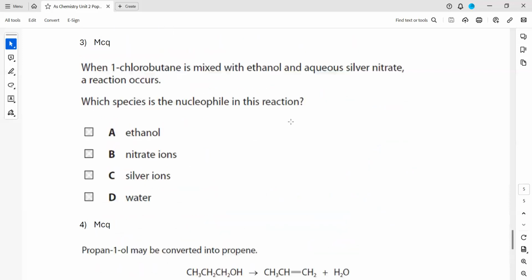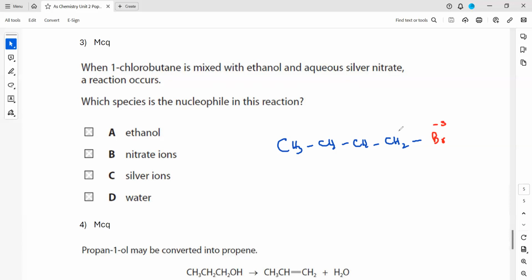Why can it not be nitrate? Because nitrate does not take part in the reaction; it is a spectator ion here. When we have CH3, CH2, CH2, CH2 and OH and Br, the nitrate ion is actually the spectator ion. It does not change.